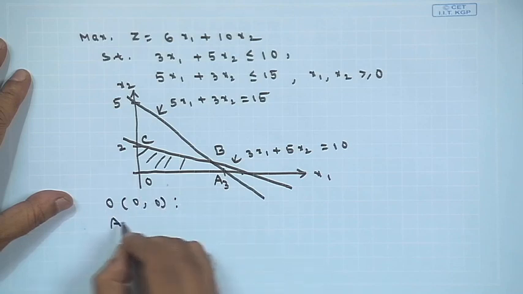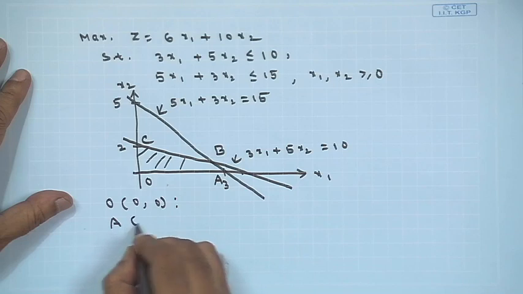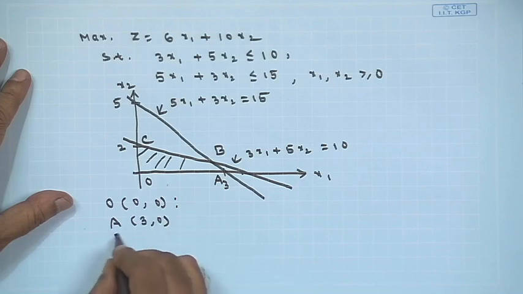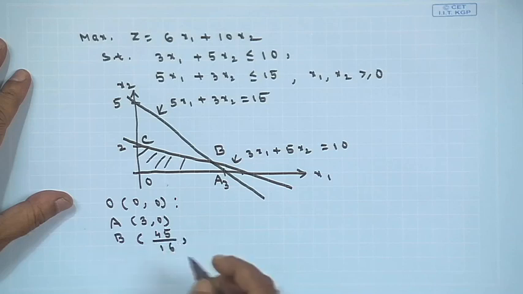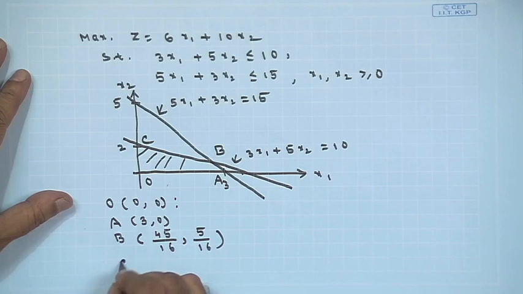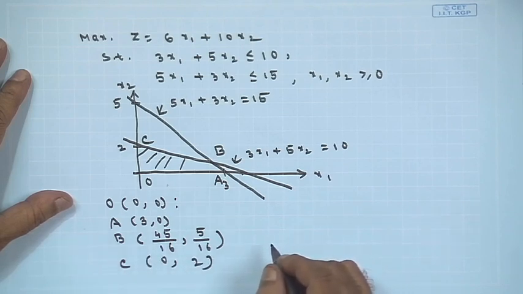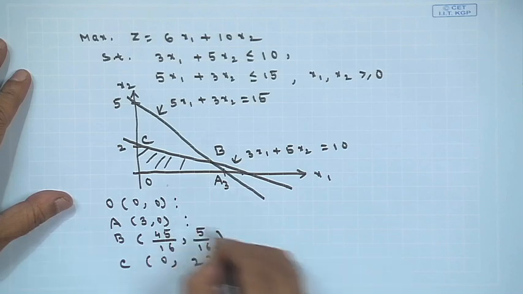Your point A will be (3, 0). Point B, if you solve it, is (45/16, 5/16), whereas your C will become (0, 2). So, these are the 4 extreme points you are obtaining.